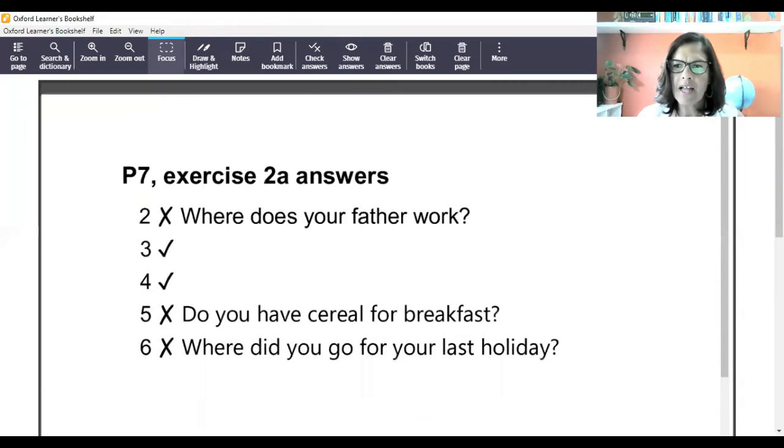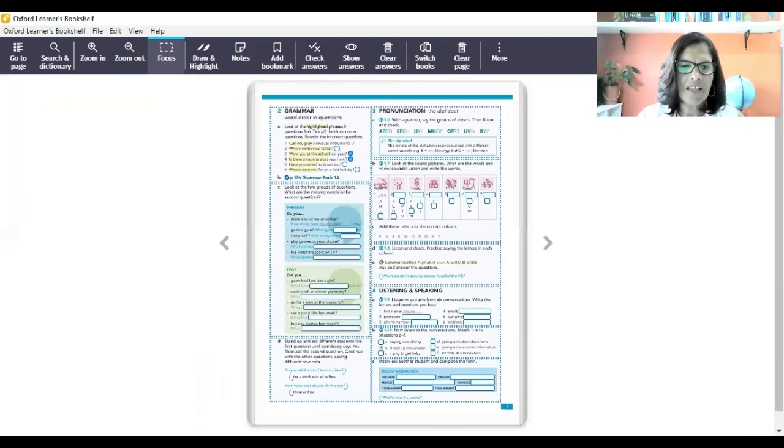Okay, let me close this down here. Now we're gonna go to page 126. Have a look at here. Go there to the back of your book.